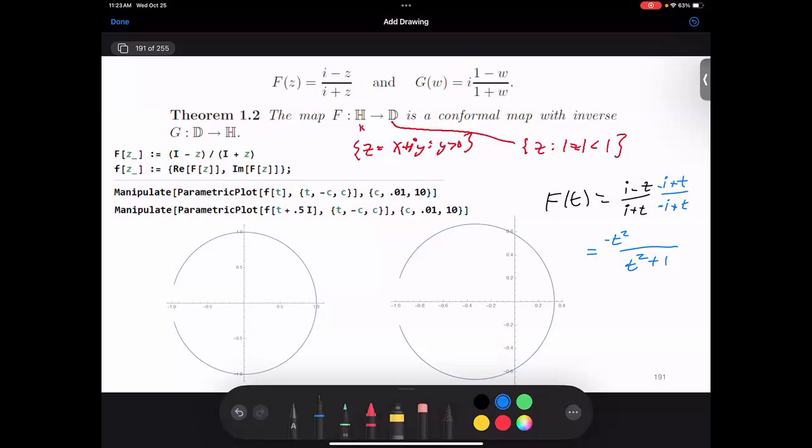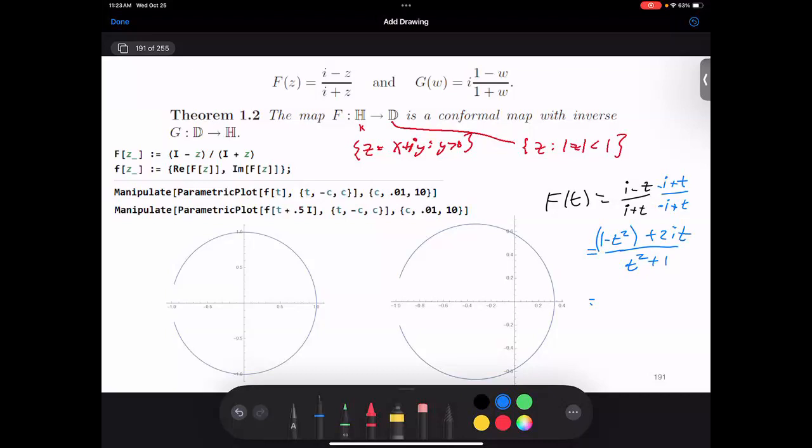And then the minus i times i is 1. And then we're going to get minus it. No, so we get plus it and plus it. So it's going to be plus 2it.